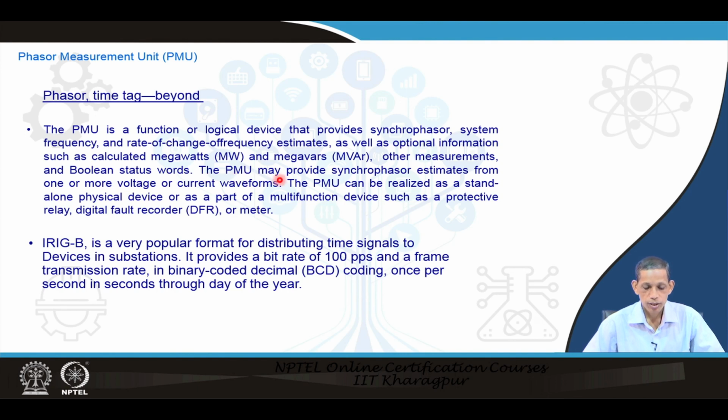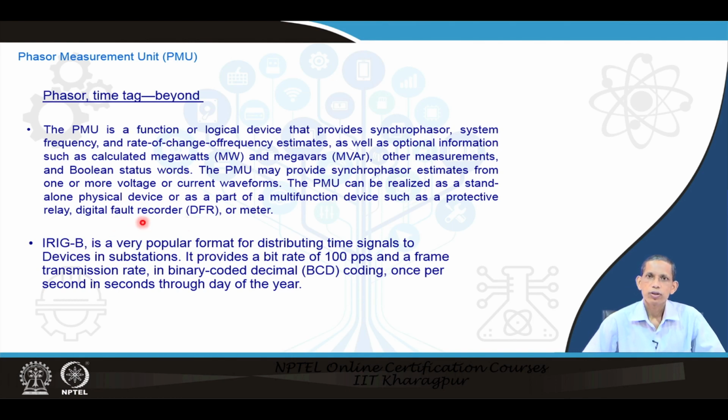The PMU may provide synchrophasor estimates from one or more voltage or current waveforms. Several lines may be there at a bus, so it will scan the other lines also. The PMU can be realized as a standalone physical device or as a part of a multifunction device such as a protective relay. So, the PMU can be an independent device, or in today's context many relays have such synchronized phasor capability.